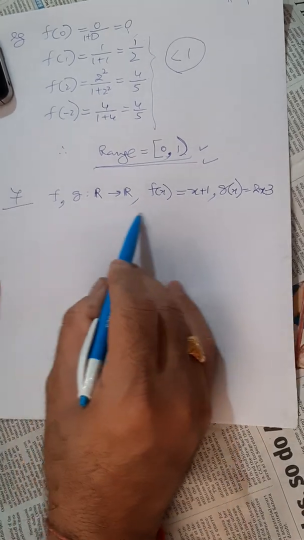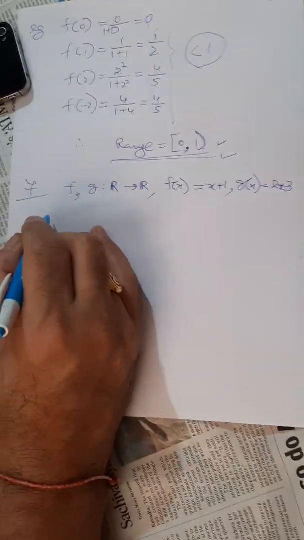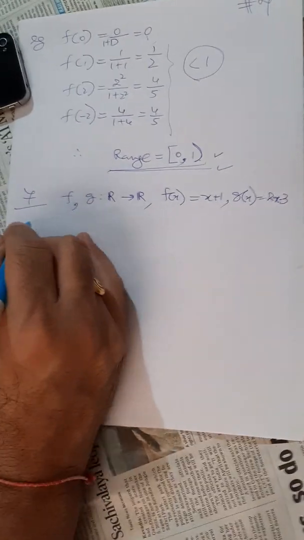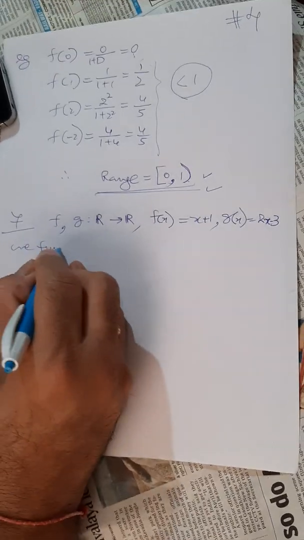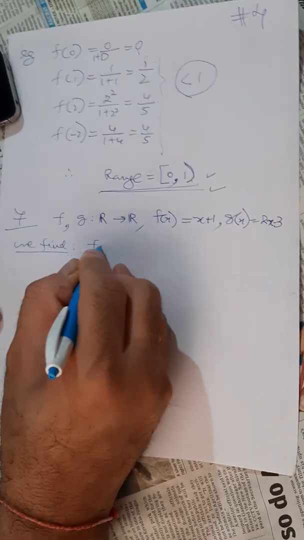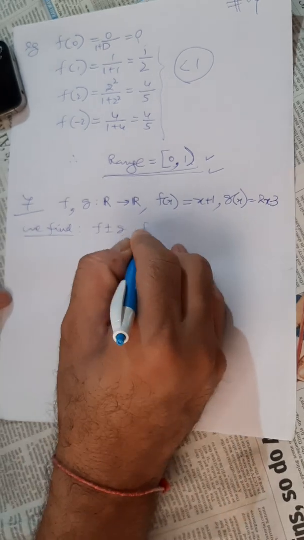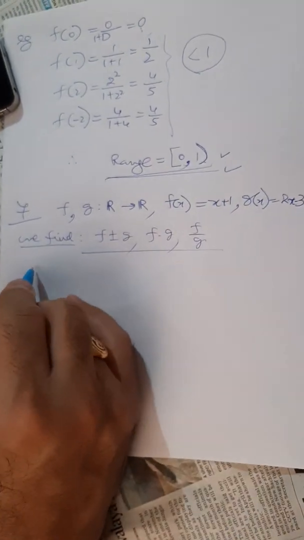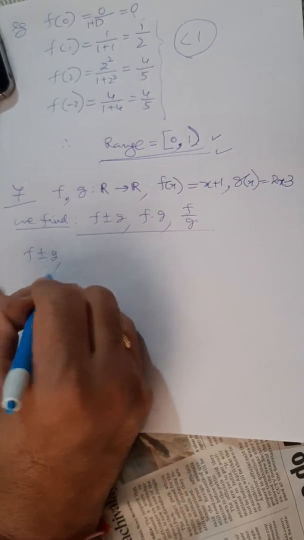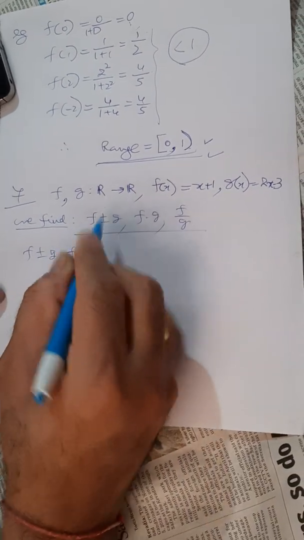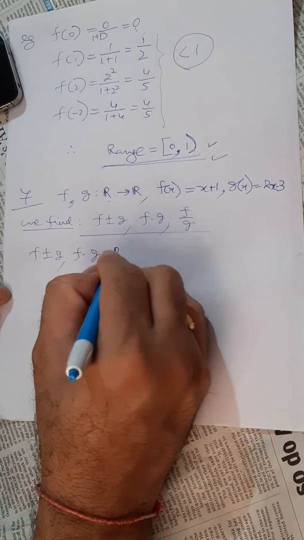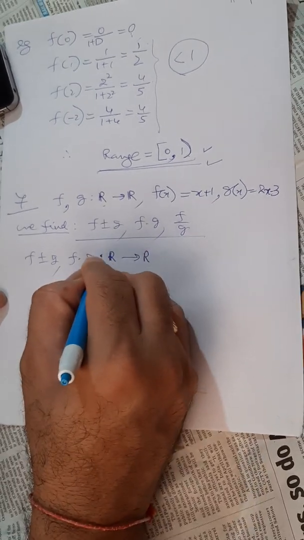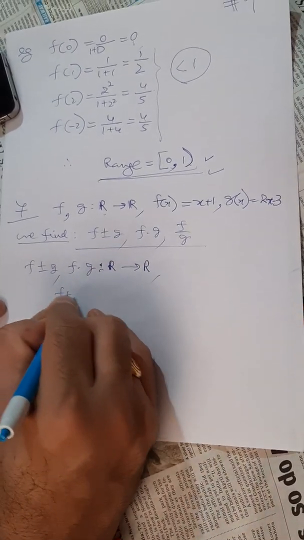Next question is about those 4 operations. We find f plus minus g, f into g, and f by g. So the domain of f plus minus g and f into g, which you know, is from R to R. This is not difficult.